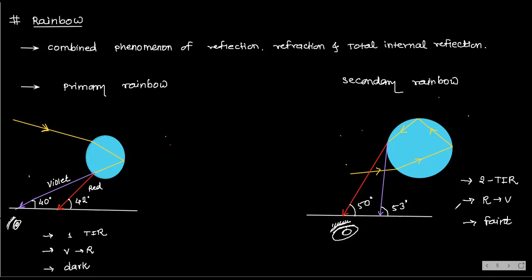Okay, in this secondary rainbow, you can write here, this is red color, and this is violet. Red to violet colors. Understand?